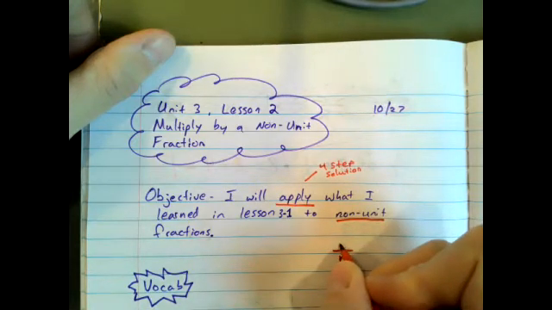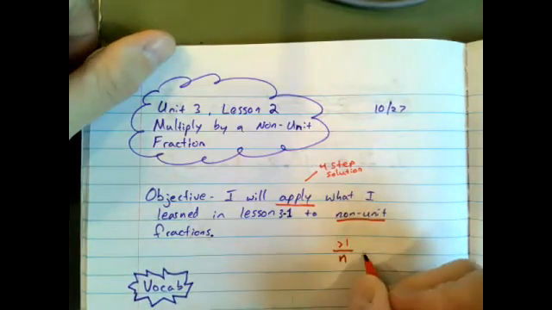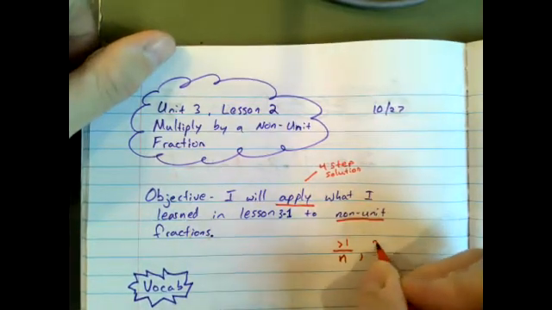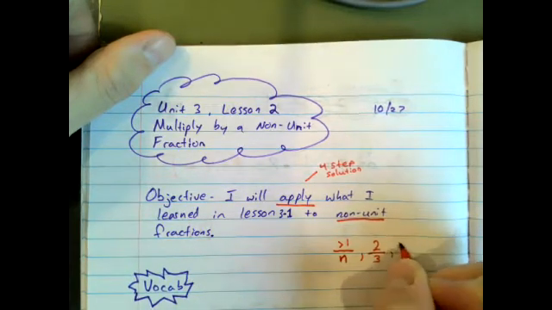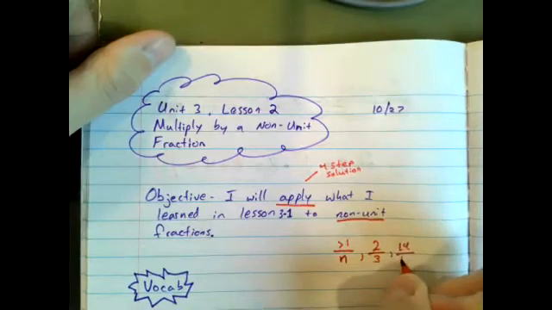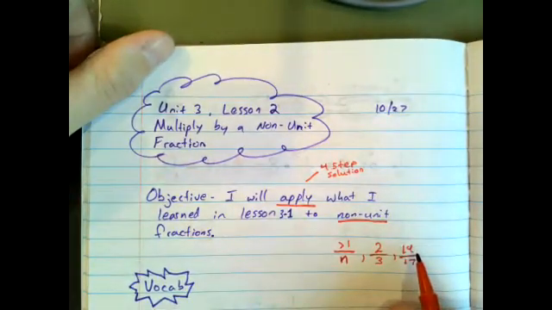It will be a numerator that is greater than 1. And I know that looks like an odd symbol, so let's show an example. That would be 2/3. That could be 14/17. It could be any non-1 numerator.